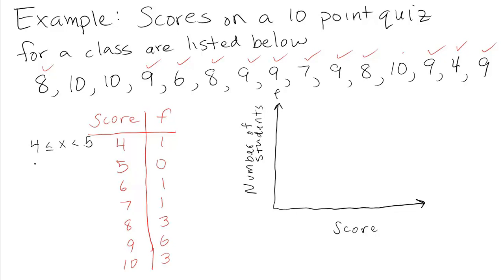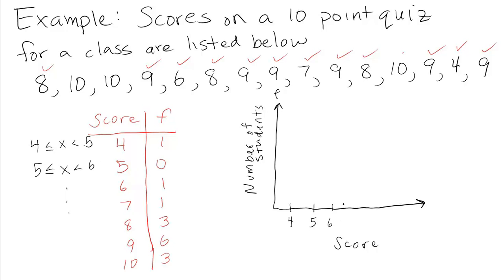And every score of 5 would be between 5 and 6, not including 6, and so on, which seems like an unnecessarily nerdy way to think of it when you're looking at the table, but when you're drawing the graph, that's actually a good idea. The first class boundary is at 4, and the next class boundary is at 5, because the next class begins at 5. The third class boundary would be at 6.